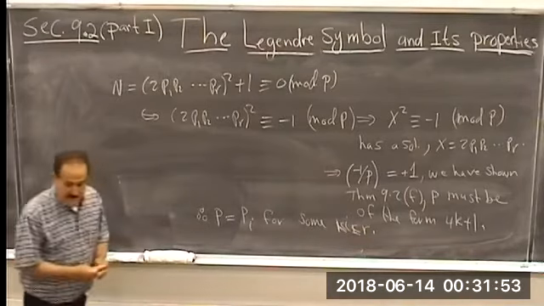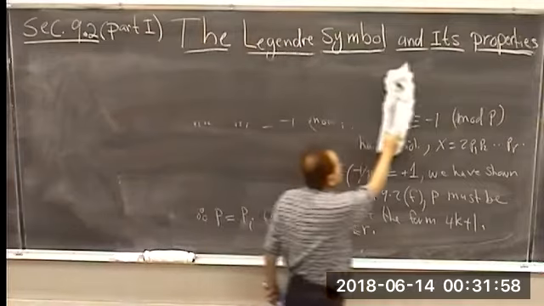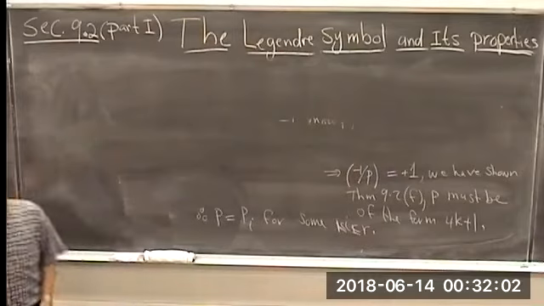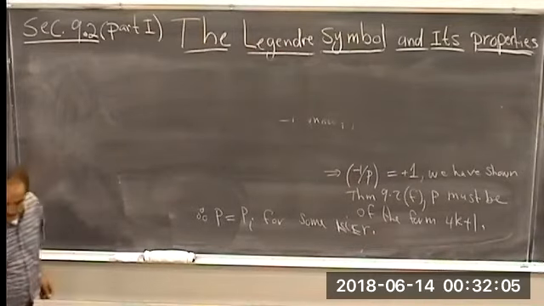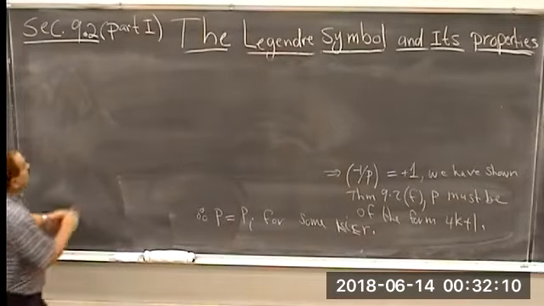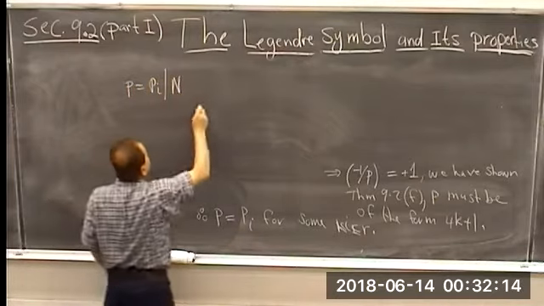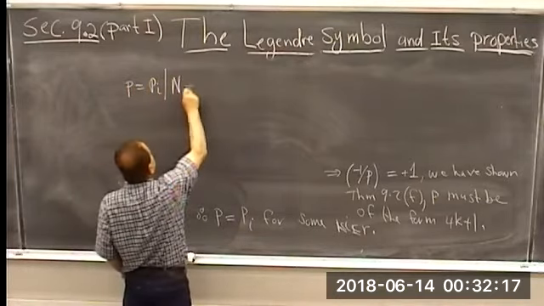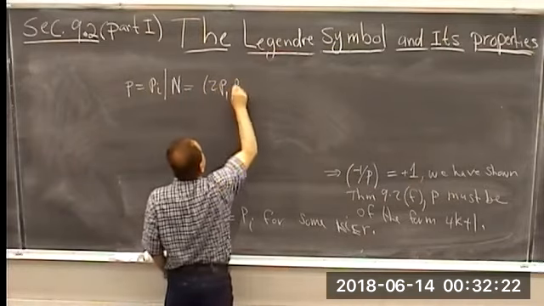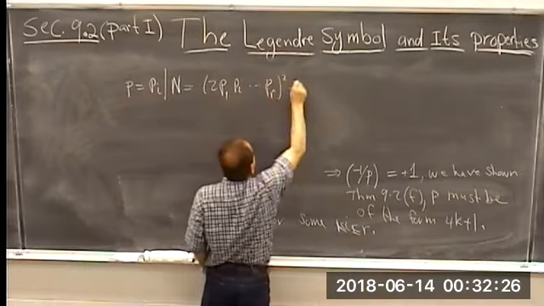Let's put some divisibility relations. What does this mean? So this means that we have p, which is equal to p sub i, divides n, and remember n is equal to (p1 up to p sub r) squared plus 1.